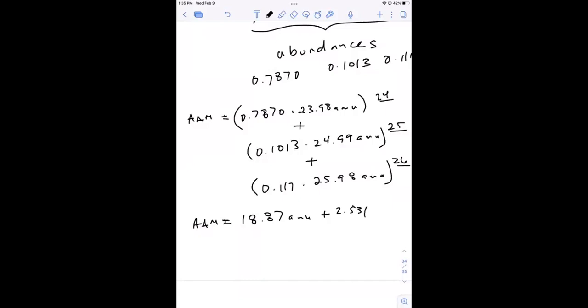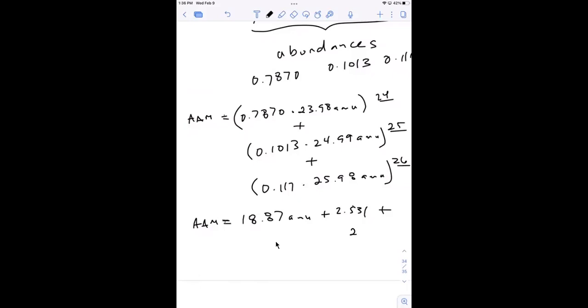And what about the third one? You can put it in the chat, or you can unmute and say it. Is it 3.03 for the third one, 0.1117 times 25.98? It's a little bit less than 3. It's like taking 11% of 25.